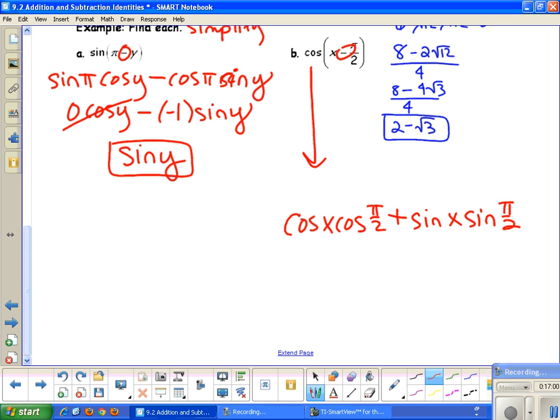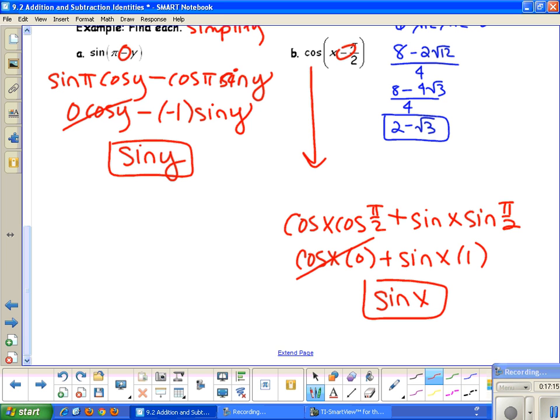So the cosine of pi over 2 is 0. And the sine of pi over 2 is 1. So this is gone, and I'm left with the sine of x. So that would be equal to this up here, just simplified.